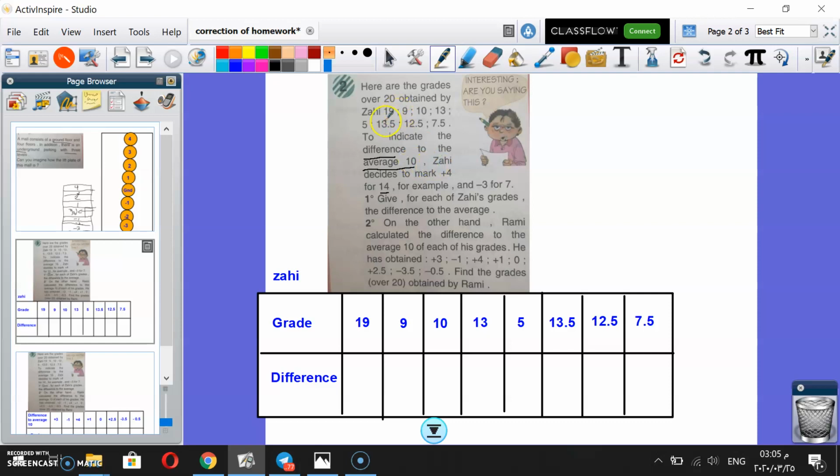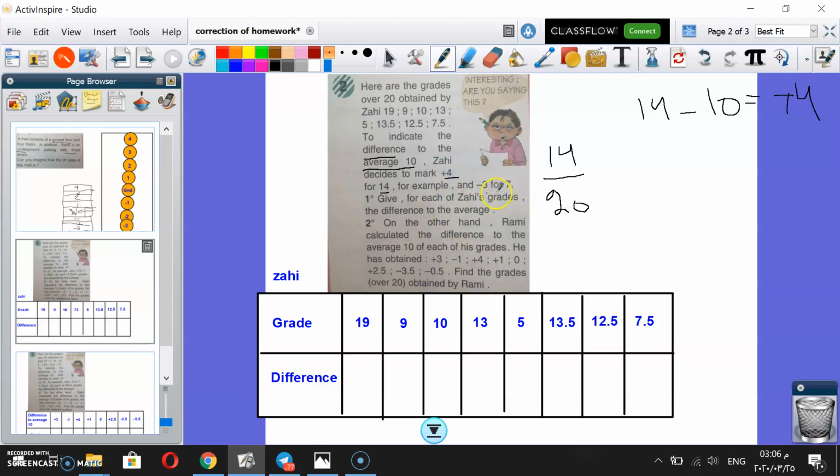So he got the following grades, 19, 9. Zahi decides to indicate the difference to the average 10. Zahi decides to mark +4 for 14. So if Zahi got 14 over 20, he will be 4 grades above the average, because 14 minus 10 is +4.